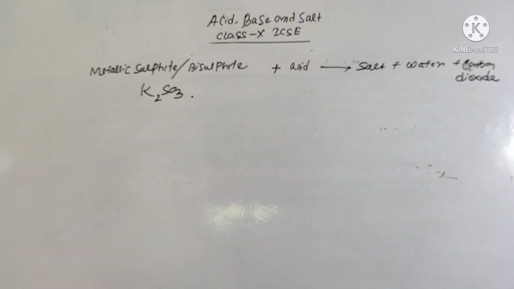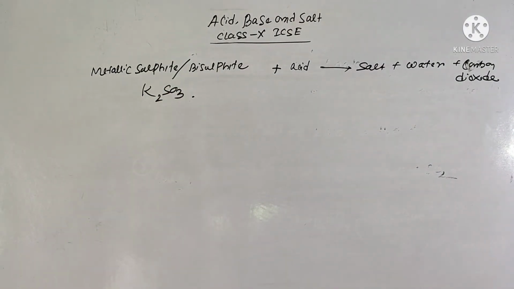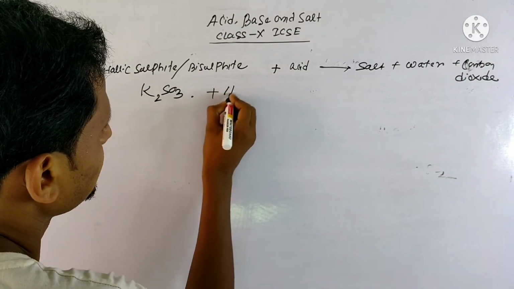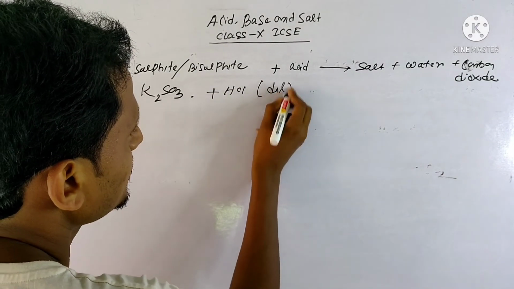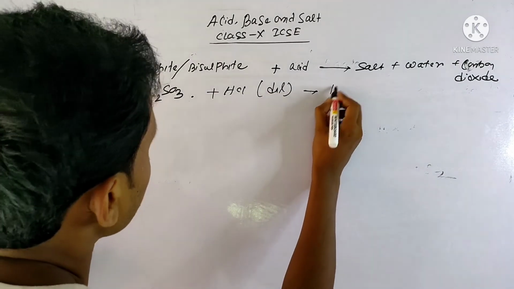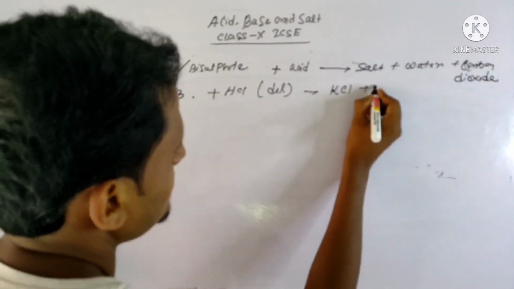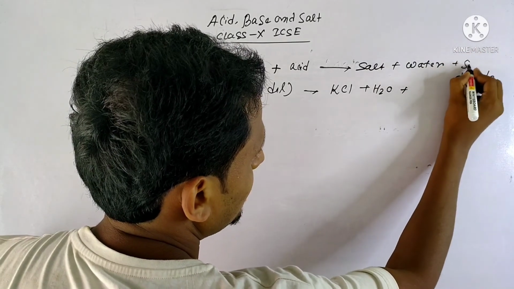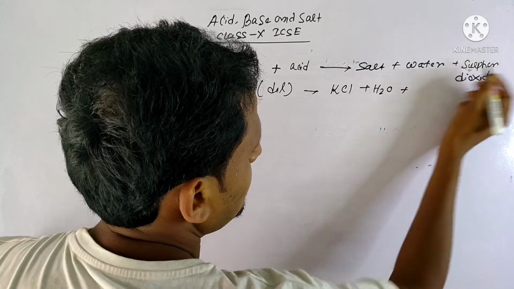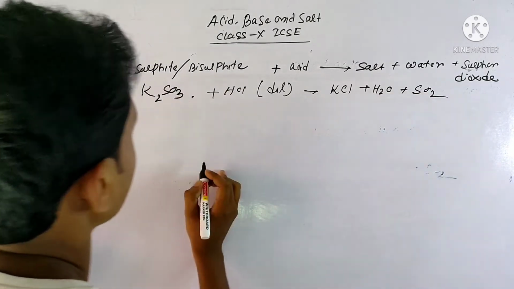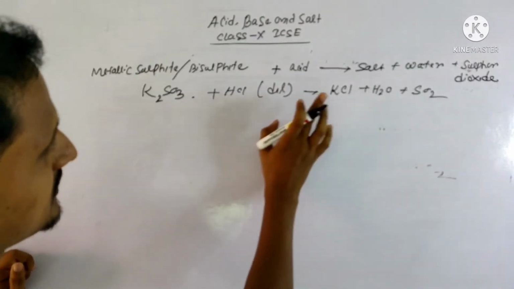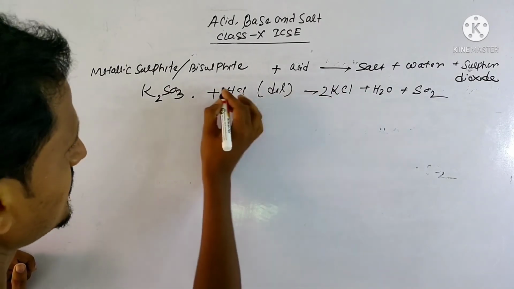Say K2SO3 reacts with dilute HCl. It will form KCl, potassium chloride, plus water plus not carbon dioxide, but sulfur dioxide, SO2. Balance: how many potassium? 2 potassium.